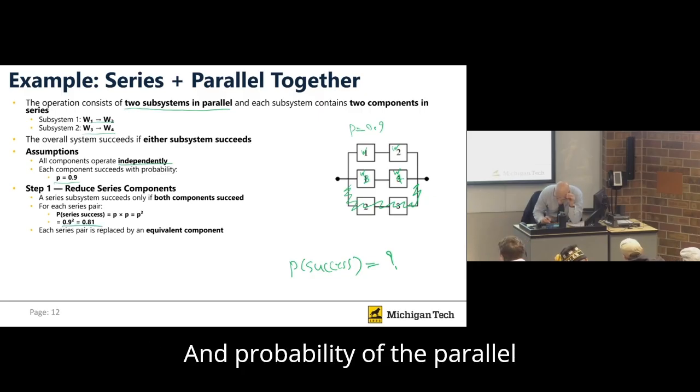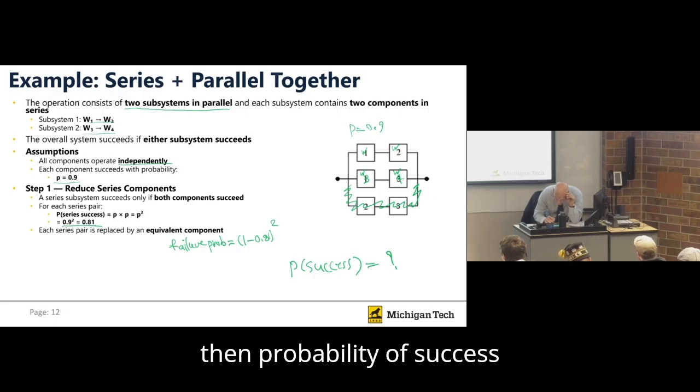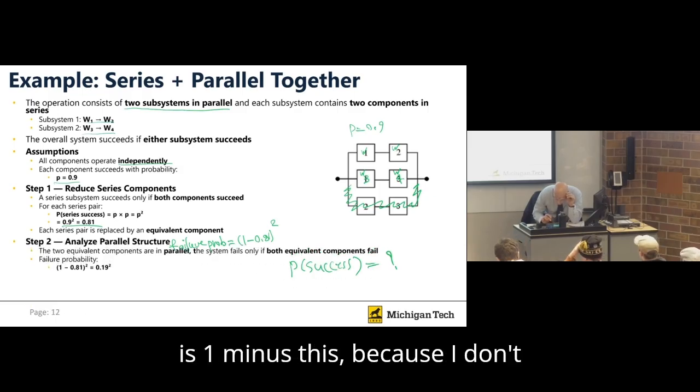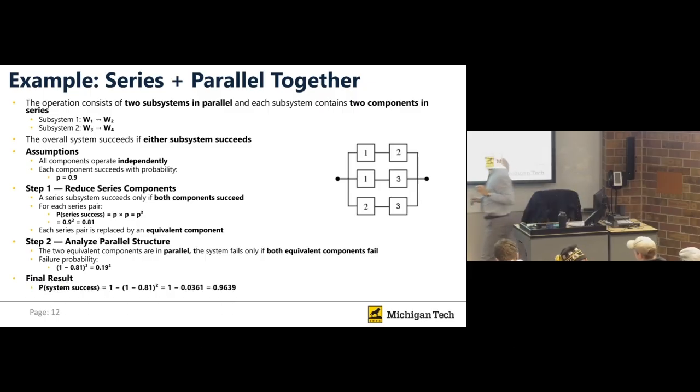For the parallel case, we find the probability of failure, 1 minus 0.81 to the power 2, and then the probability of success is 1 minus this. I don't have time, so I just wrote this up.